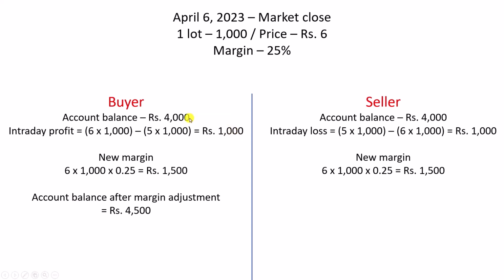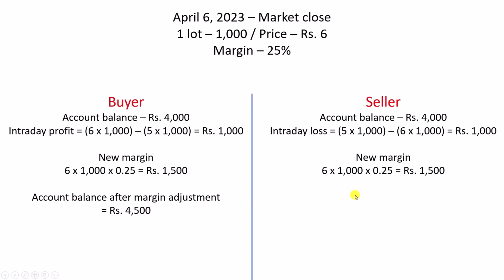What can you do with the account balance? You can buy a different future of a different company. You can withdraw it too. But generally we do not do that because there are many more things to it. Once again, I do not want to confuse you much, but after paying the margin, this is what is in the account of the buyer.